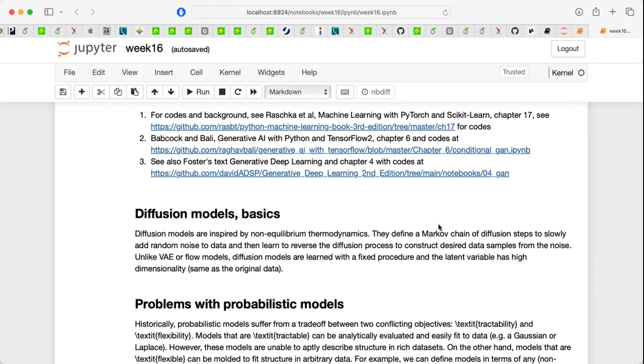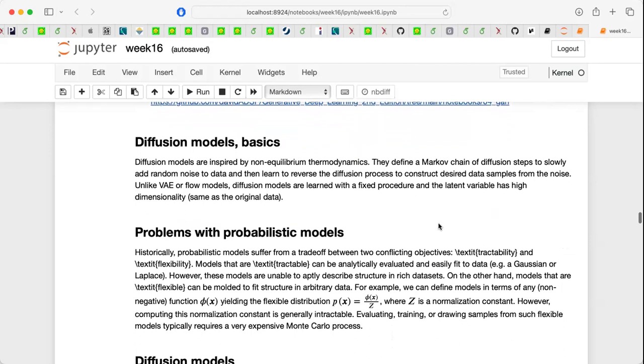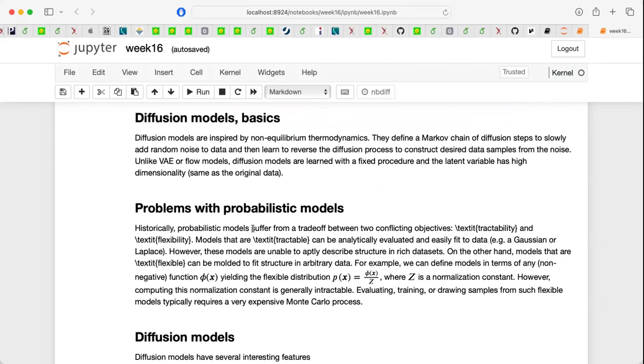So the basic idea here is to use Markov chains and make small steps in what you might call loosely time. And these steps are done so that you can perturbatively change the parameters of the probability distribution which we are setting up. And so the models were introduced back in 2015.